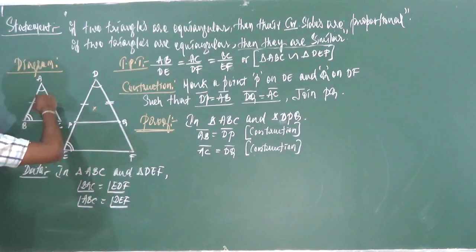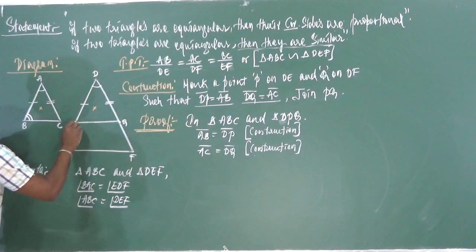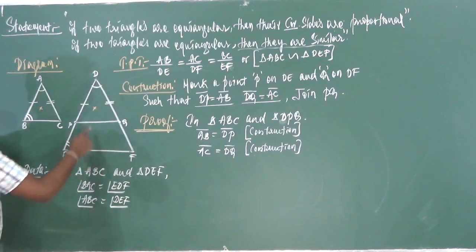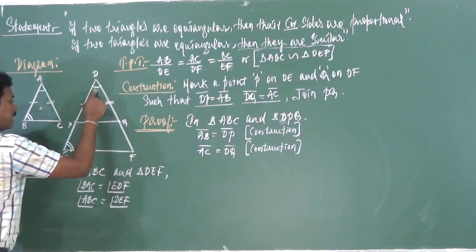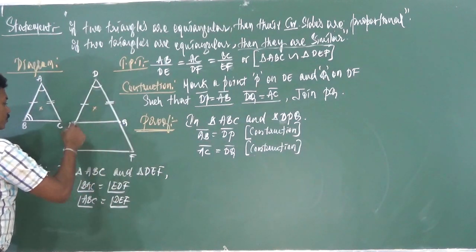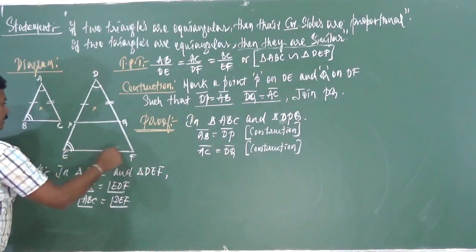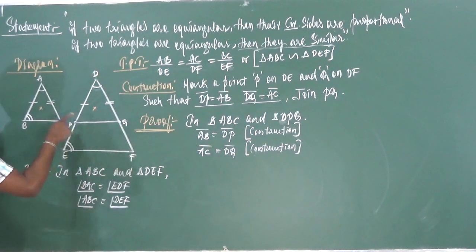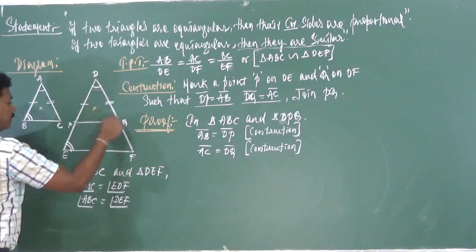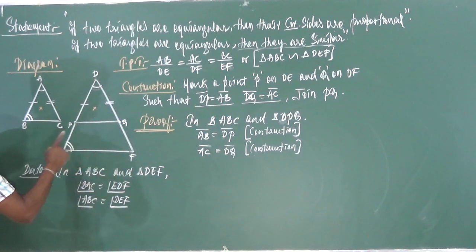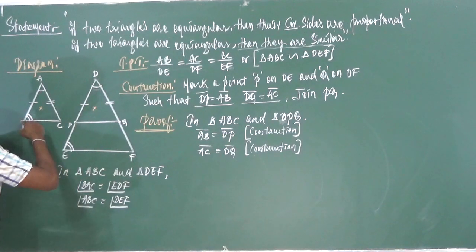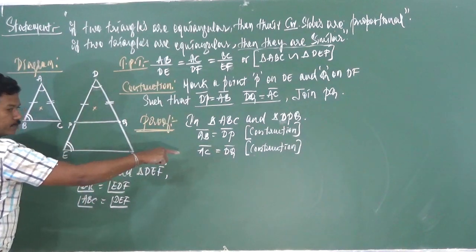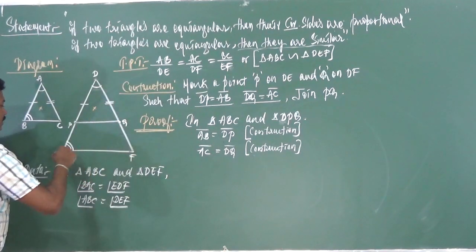Now, angle BAC, this angle, is equal to angle PDQ, this angle. Yes, because this angle is common for triangle DPQ and also triangle DEF. Angle PDQ is nothing but angle EDF.